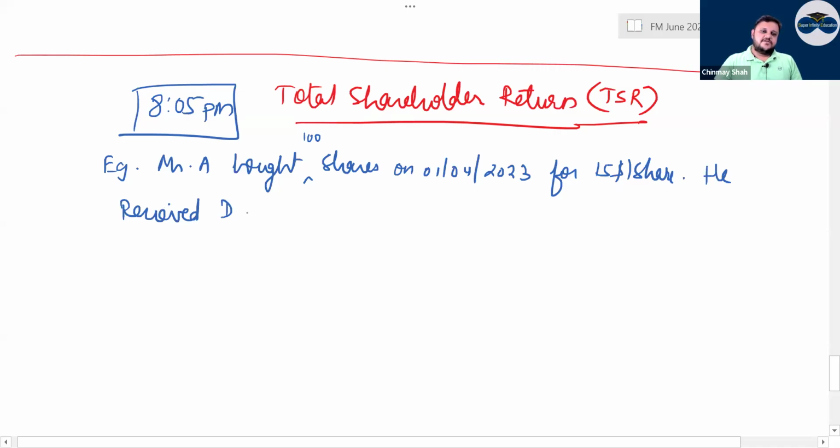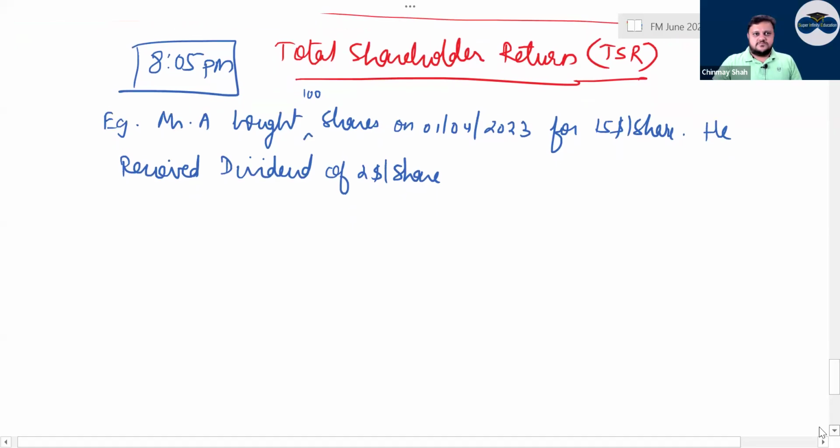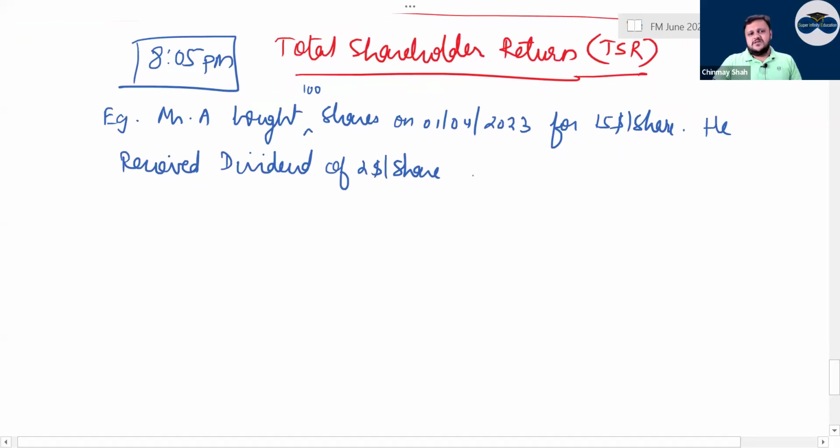He received a dividend of $2 per share during the year.